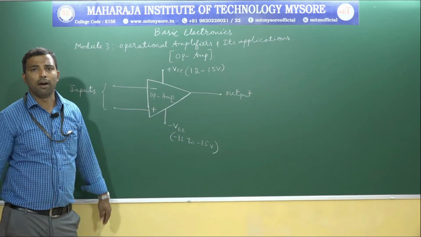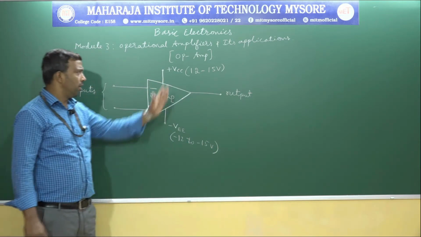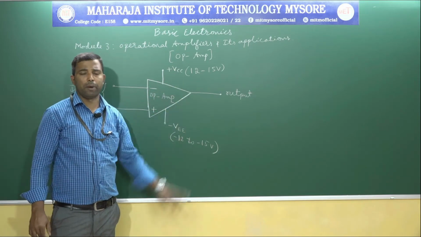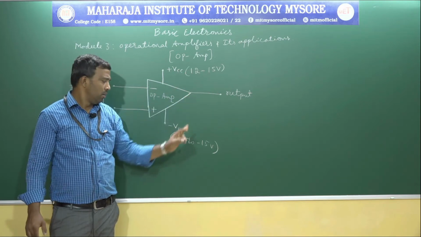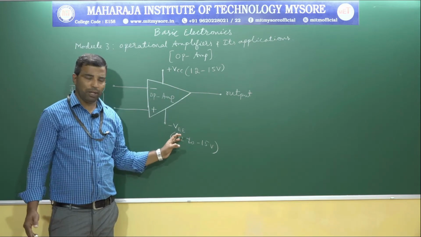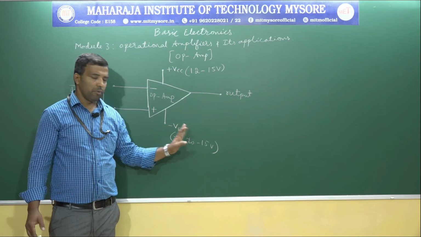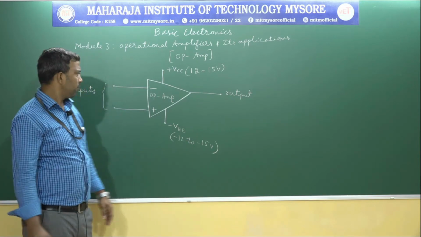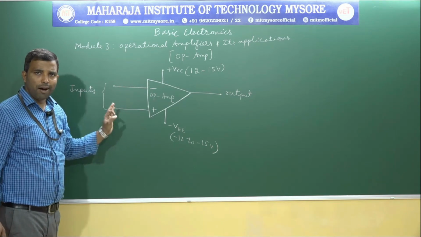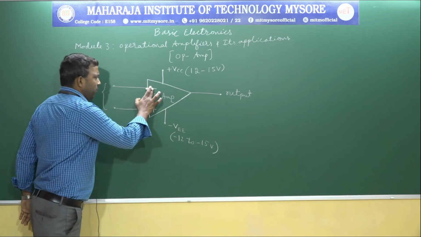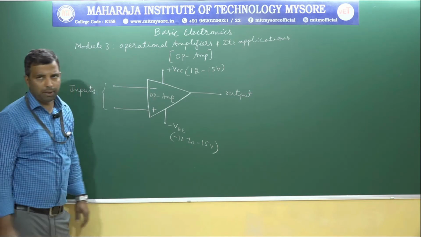That is the voltage we apply for the operation of the OPAMP. VCC is 12 volts or 15 volts, and this negative voltage is minus 12 to minus 15 volts. It has 2 input terminals, a negative terminal and a positive terminal.